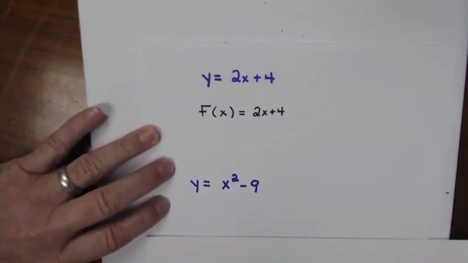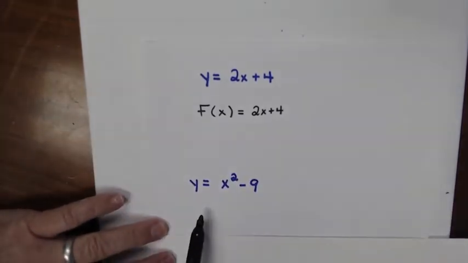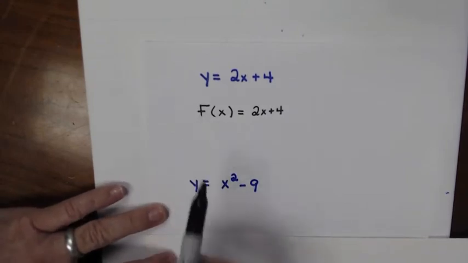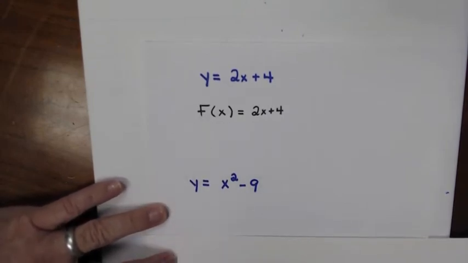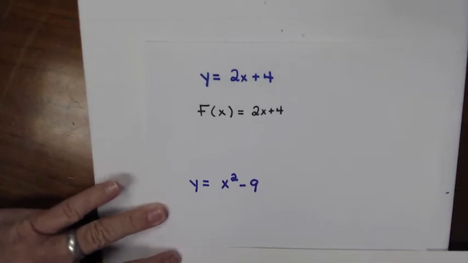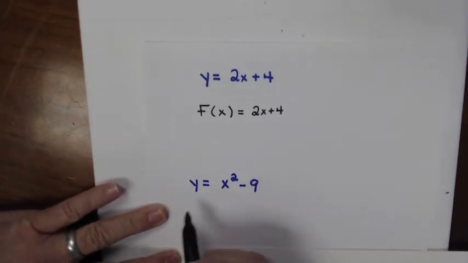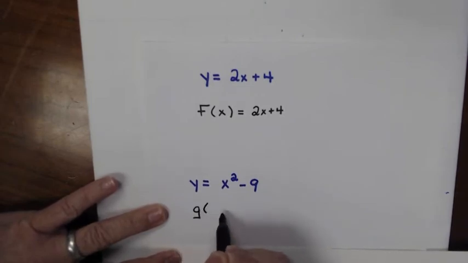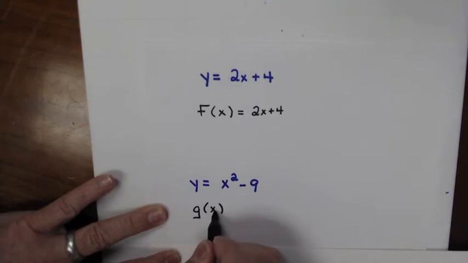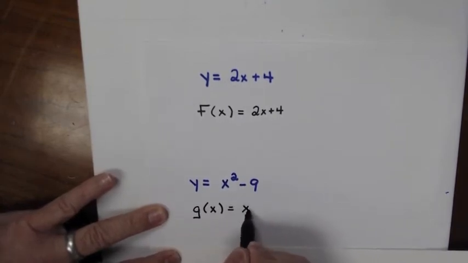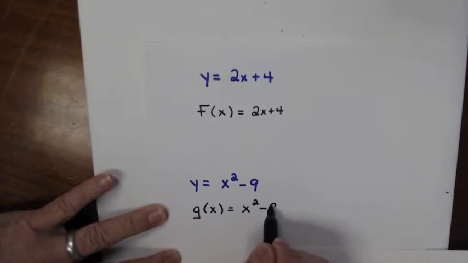As opposed to this one, this is a completely different equation. I can't use f for this one because I need to distinguish it as being different than the other one, even though it still is a function. So I'm going to use a different letter, like G. I'm going to use parentheses, and inside the parentheses I'm going to put the variable, x. G of x is equal to x squared minus 9.